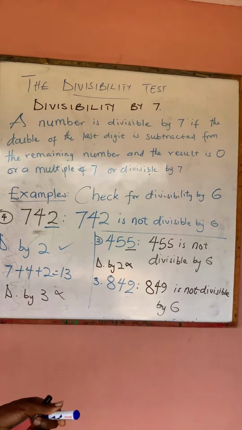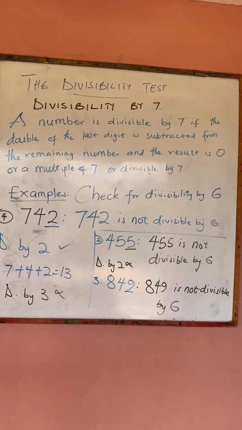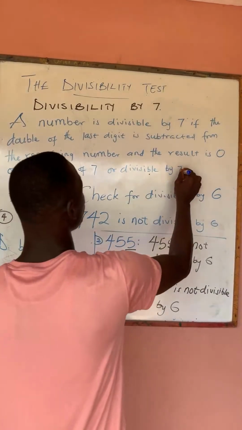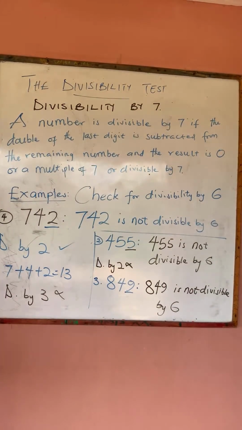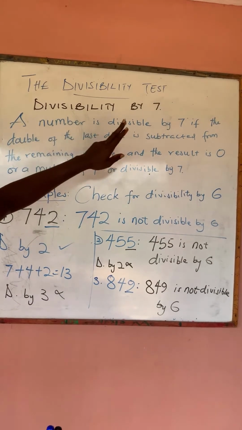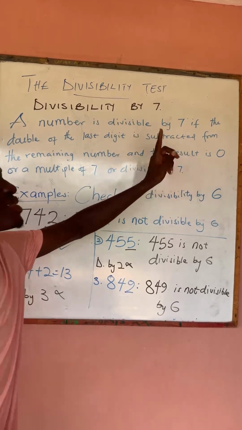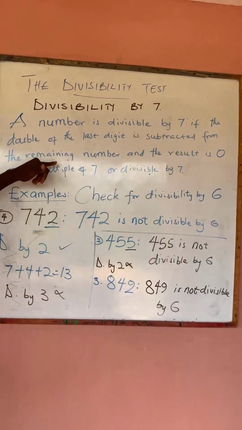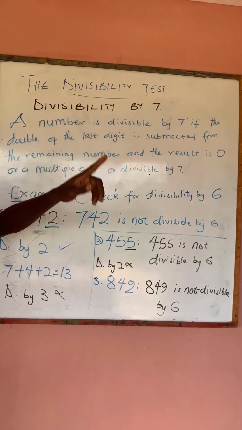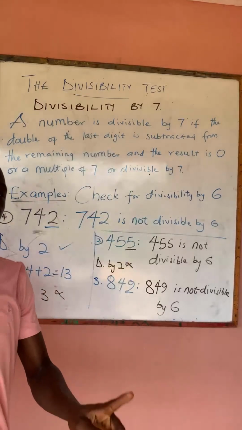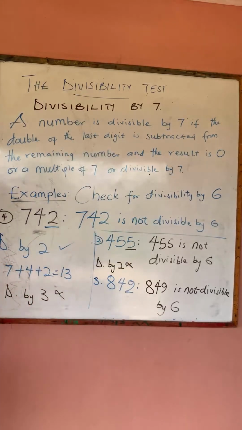The rule is a bit lengthy, but it's very simple. I'll explain it to you. Another is divisibility by 7. A number is divisible by 7 if the double of the last digit is subtracted from the remaining number and the result is 0 or a multiple of 7.